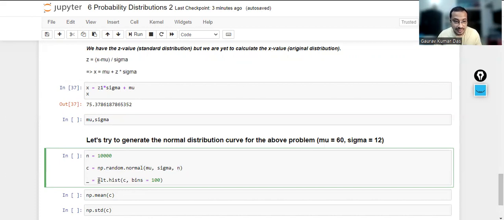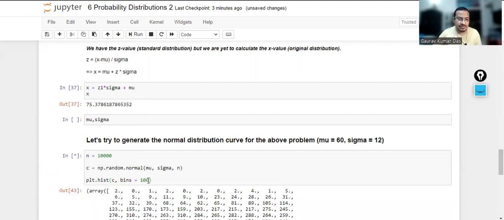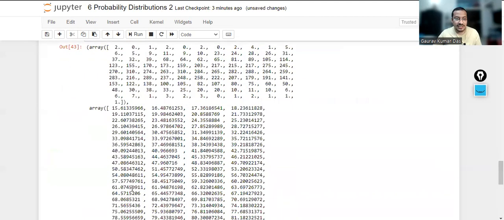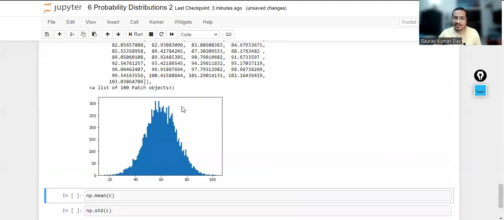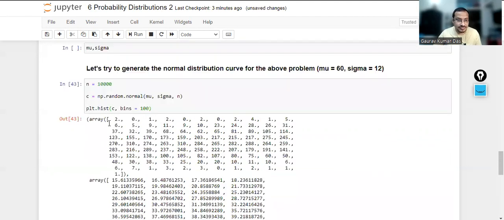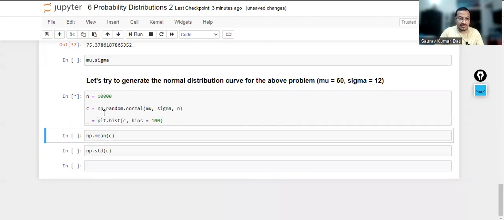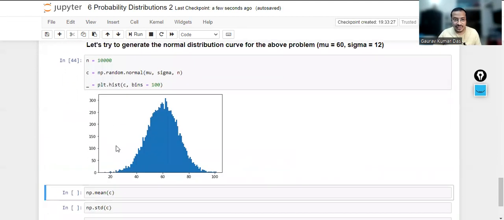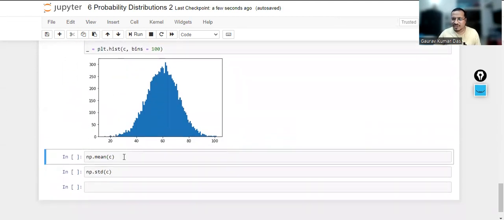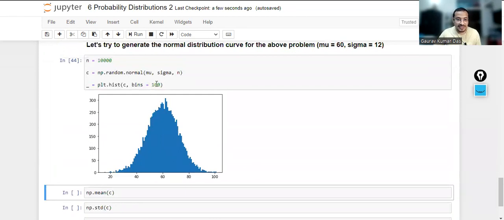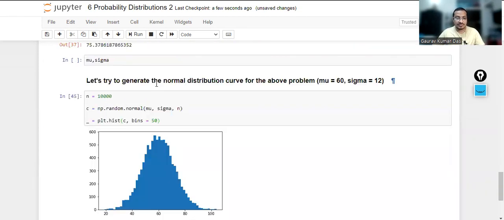Once we run this, and I simply plot the histogram of these values, bins equal to 100, I've specified it. Once I do this, I get the distribution curve. So what I can do here is I'll simply do this so that those values are not important for us to see, but this is how it would work.